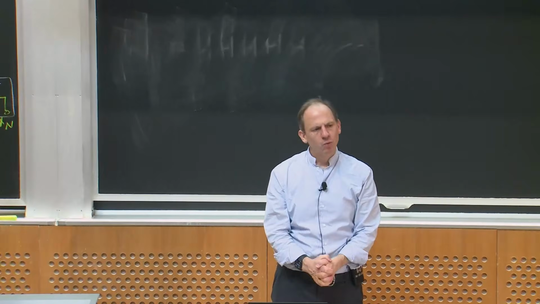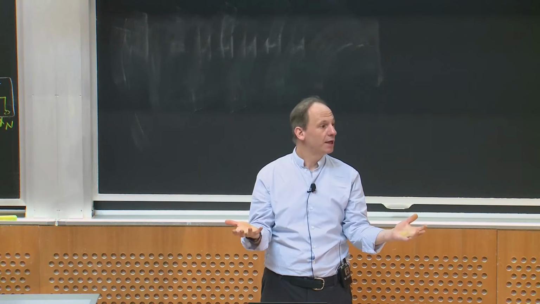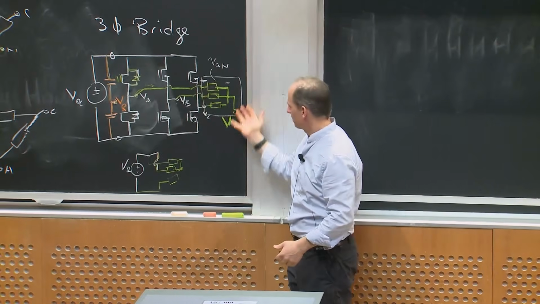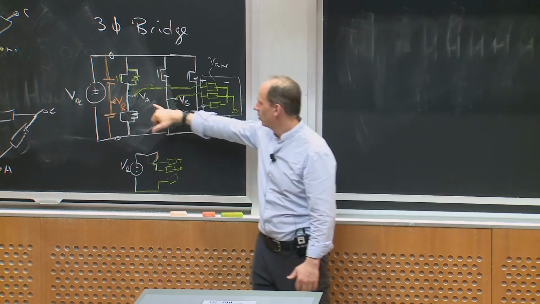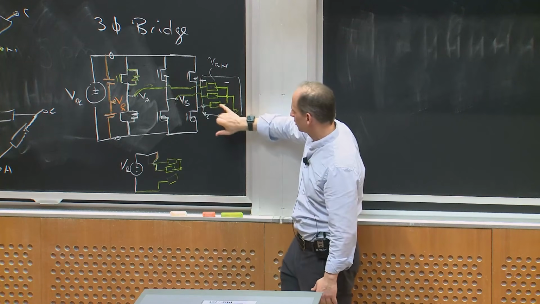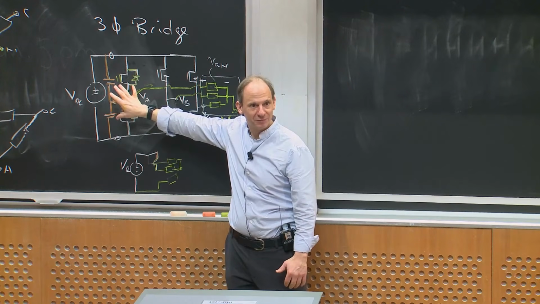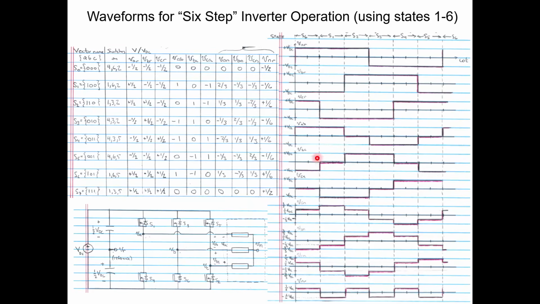Okay. What would it do as regards the line to neutral voltages? Well, we said this thing's basically a voltage divider, right? But I could think about the neutral voltage as being sort of the average of VA, VB, and VC, right? And what essentially happens is that each of VA, VB, VC has a fundamental, and then it has, for example, a third harmonic, because it's a square wave.